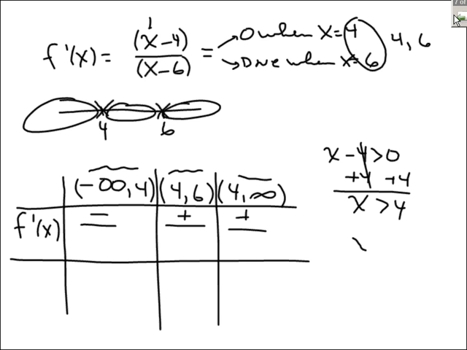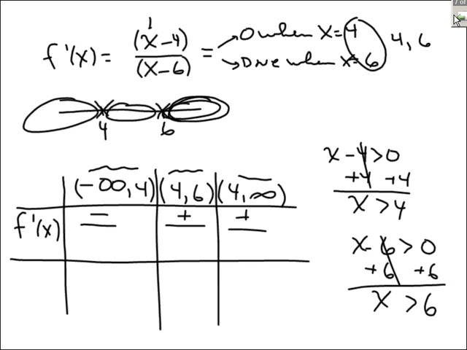Now let's look at the denominator, x minus 6. When is it positive? Well, add 6 to both sides, and it's positive when x is more than 6. Of course we have a typo here, excuse me. The last interval goes from 6 to infinity, not 4 to infinity. Sorry about that.